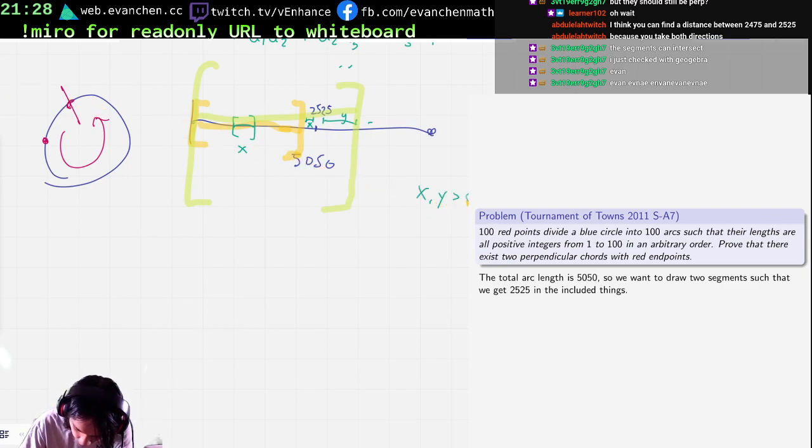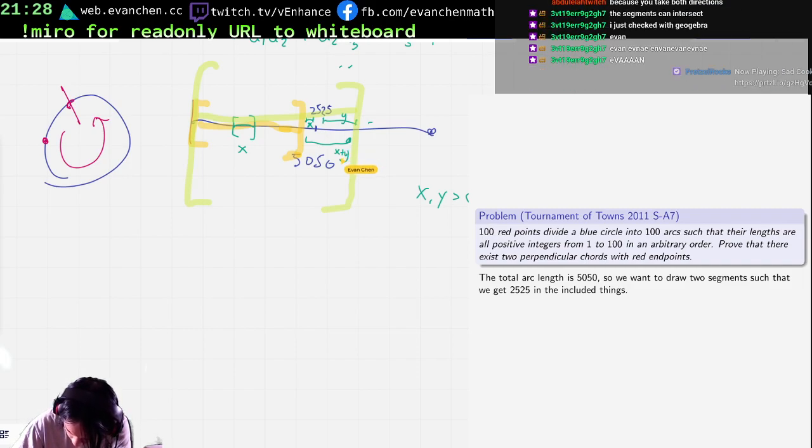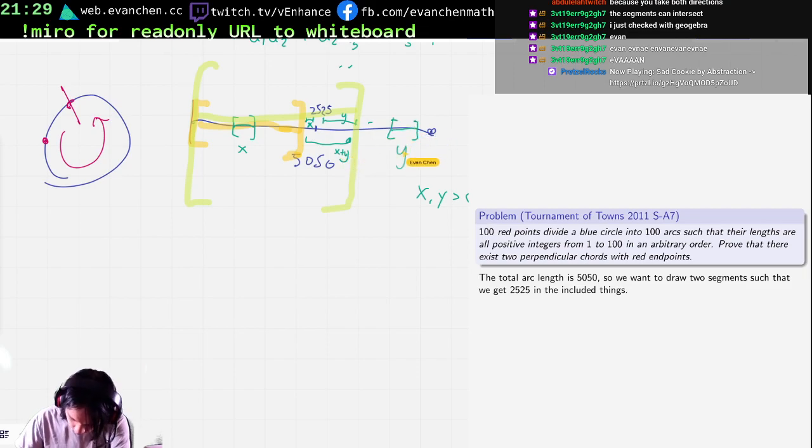Otherwise, there's a diameter and you're just fine. Well, okay, so this actually is x plus y. This thing is x plus y. And the only way you lose is if y is out here. Is that true? I think so.